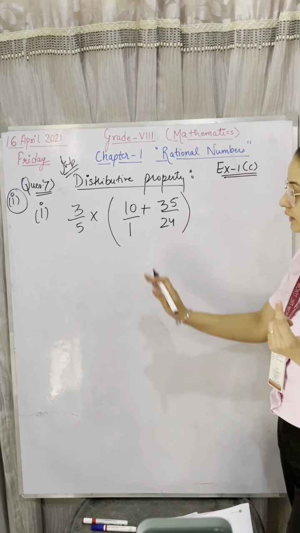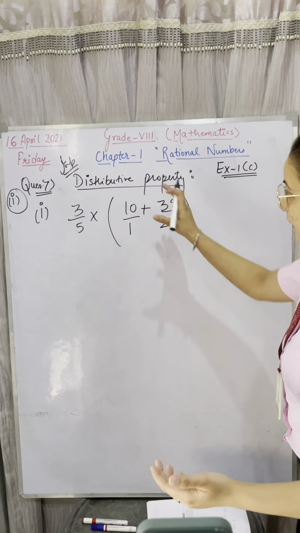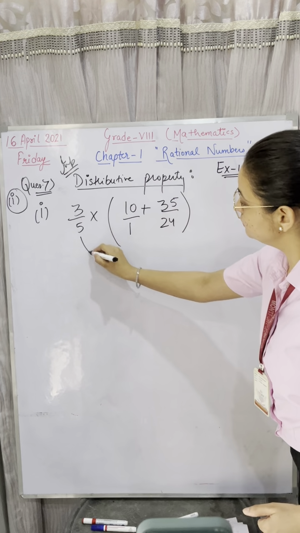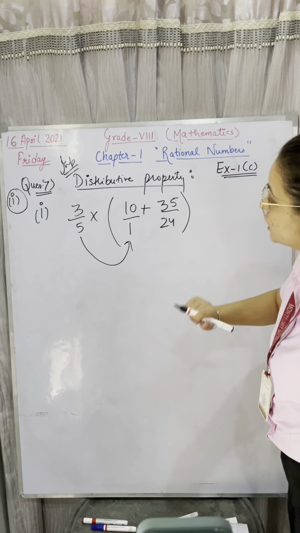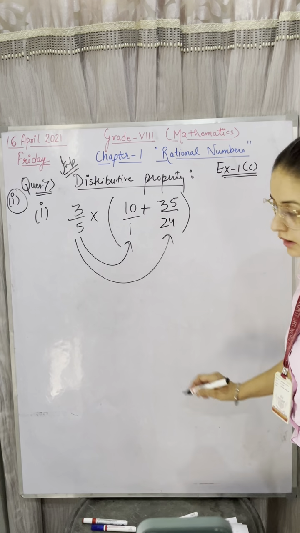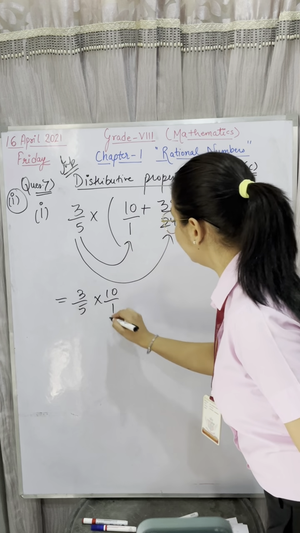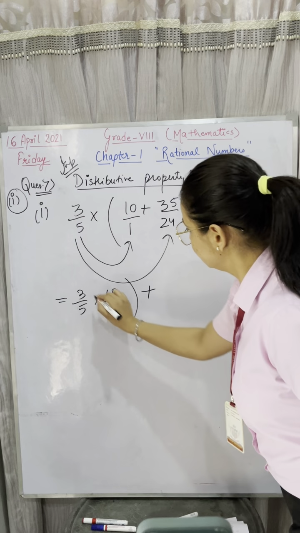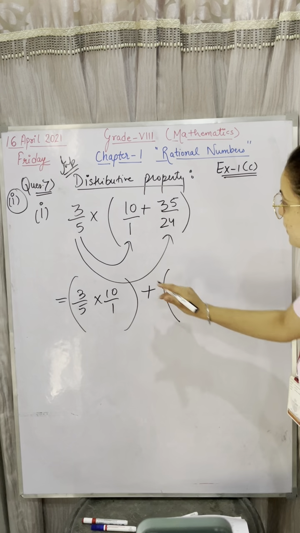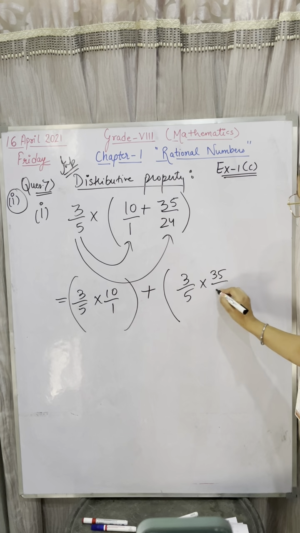If nothing is given in the denominator, we can place 1 in the denominator. Now, apply the distributive property. Multiply 3 by 5 with this fraction and then multiply 3 by 5 with this fraction. So 3 by 5 multiplied by 10 upon 1 goes in one bracket, plus, in the second bracket, 3 by 5 multiplied with 35 upon 24.